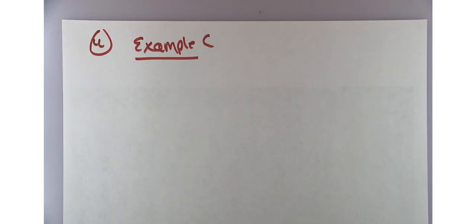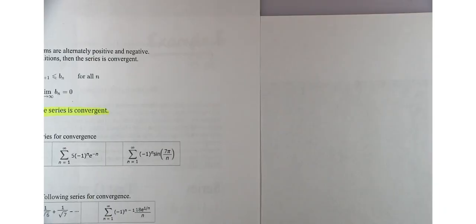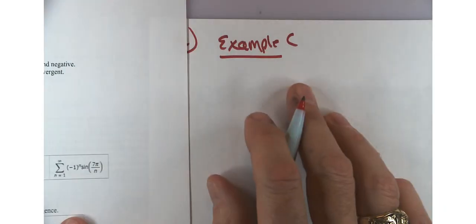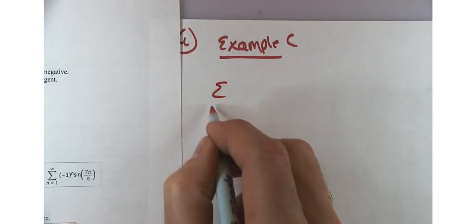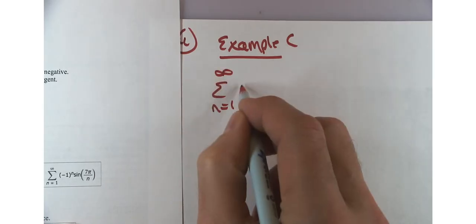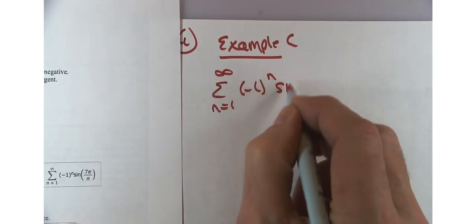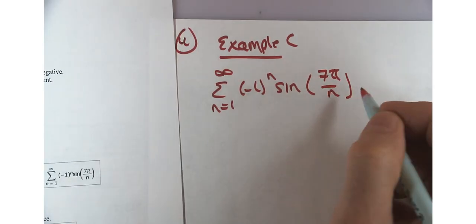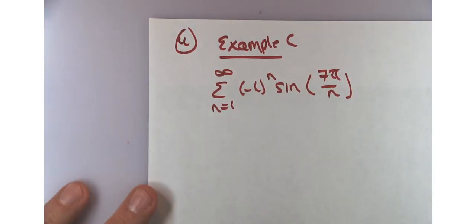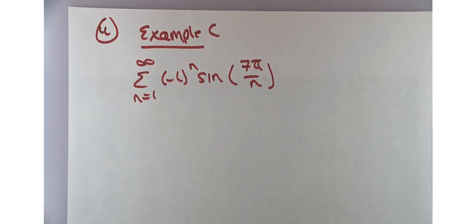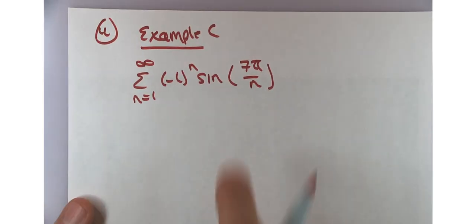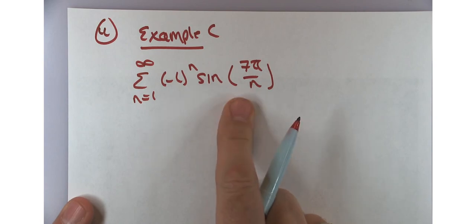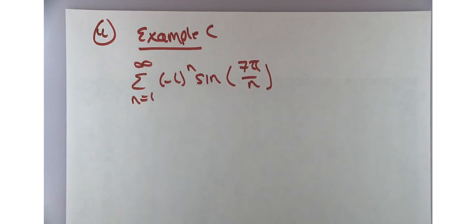We've got the sum from 1 to infinity of negative 1 to the n times sine of 7 pi over n. Well, at least the series alternates, and you can kind of convince yourself a little bit.